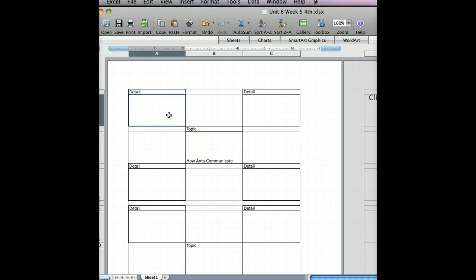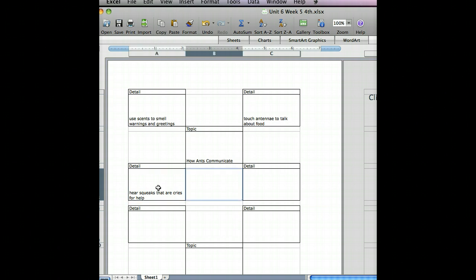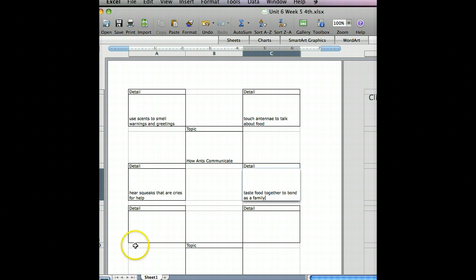And of course, the first one is they use scents to smell warnings and greetings, touch antennae to talk about food, hear squeaks that are cries for help, and taste food together to bond as a family. All right, with that being said, let's go ahead and continue to read.